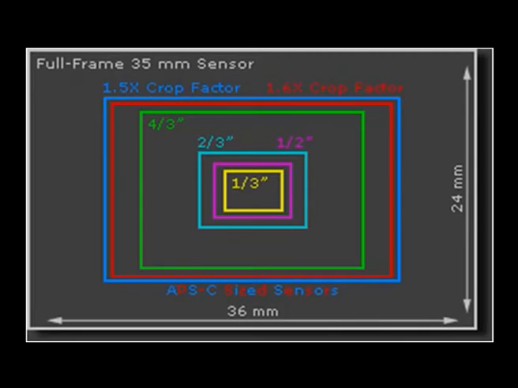Many digital SLR cameras have a sensor which is 2/3, 5/8 or half the size of a frame of a 35 millimeter camera. That means the 35 millimeter camera frame is 1.5, 1.6 or 2 times the size of the digital sensor. These values are referred to as the crop factor.